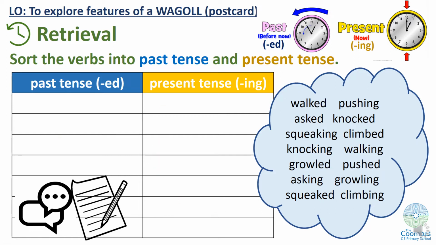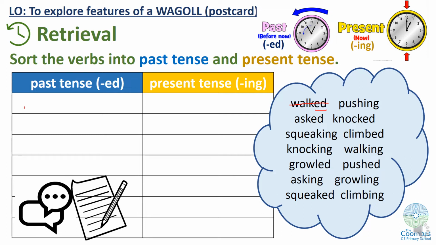I will give you an example. The first word is walked. I can look at the suffix and know that walked is a past tense verb. I can also put it in a sentence to help me. I walked to the shops. Okay, it happened before. I could say, yesterday I walked to the shops.